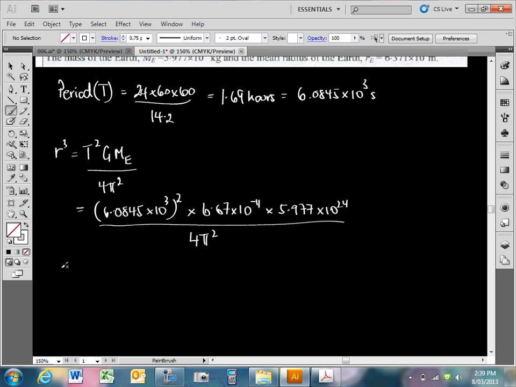I'll just go straight to the R this time. R equals 7.2 by 10 to the 6 meters. This is the orbital radius again.